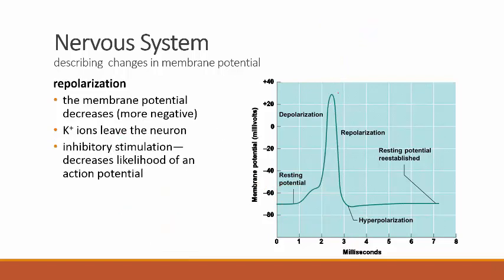Now the next step of an action potential is that same piece of membrane will repolarize. So here we are in half of a millisecond. It is going to drop back down again from plus 30 up here at the top. That membrane voltage drops down to minus 70 again. And this happens because the sodium channels are becoming inactive, and the potassium channels are finally getting around to it.